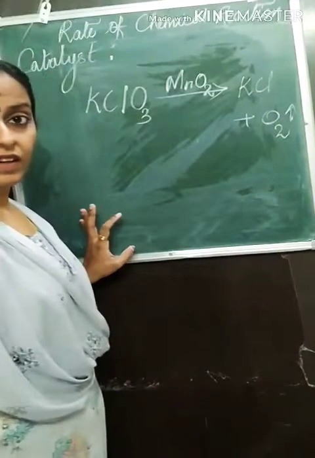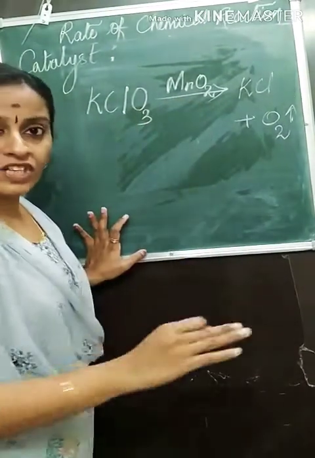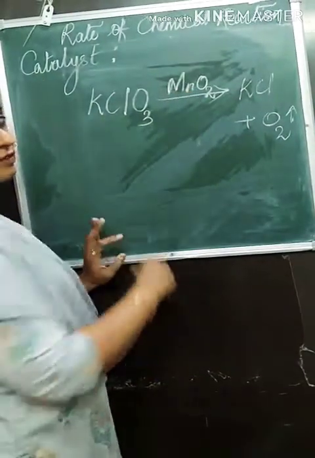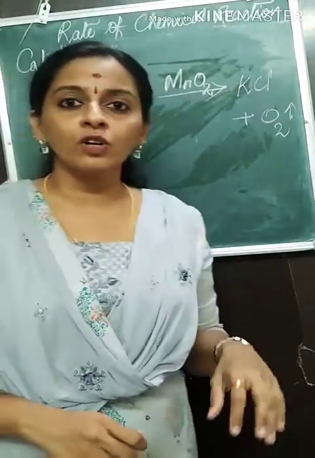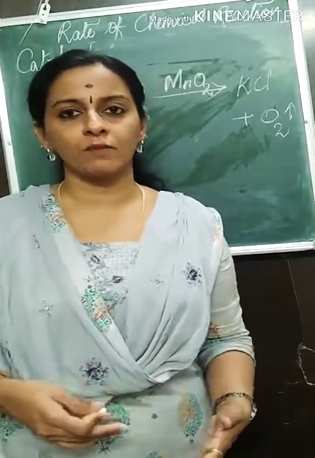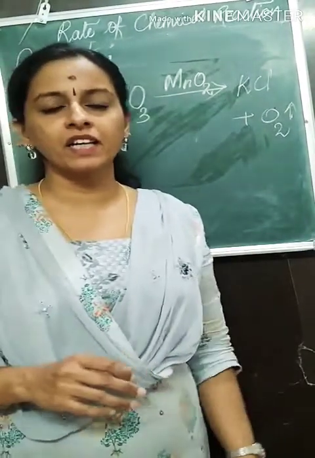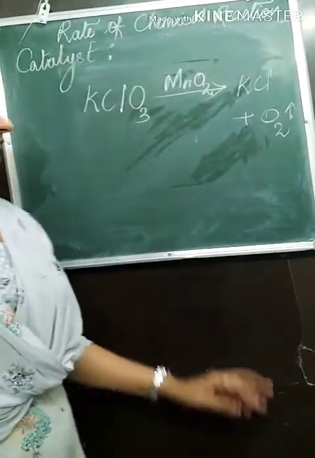gas. Okay, so here what makes the rate of reaction happen faster is the use of this catalyst. And as we all know, catalyst is a substance which speeds up the rate of chemical reaction without itself undergoing any chemical change. So that is a catalyst.